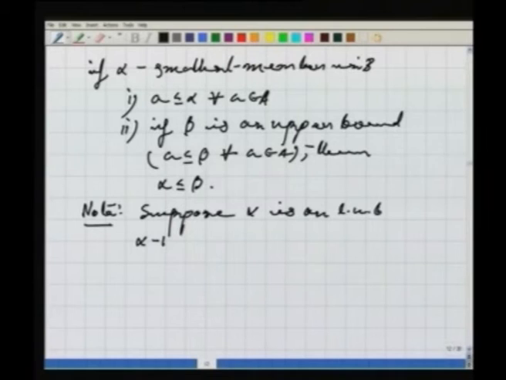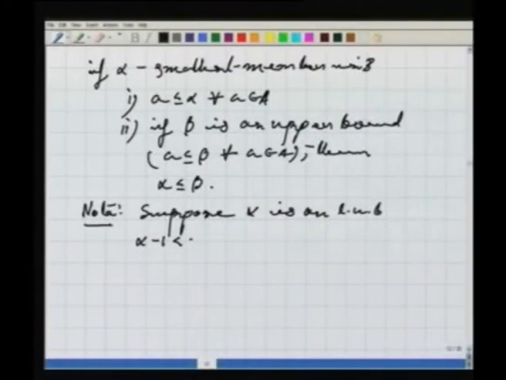The question is, can this be an upper bound? Well, least upper bound means it is least among the upper bounds. So, alpha minus 1 can no longer be an upper bound. Something not being an upper bound means there must be some element in the set A which is bigger than this number alpha minus 1. That is, alpha minus 1 must be strictly less than a for some a in A.